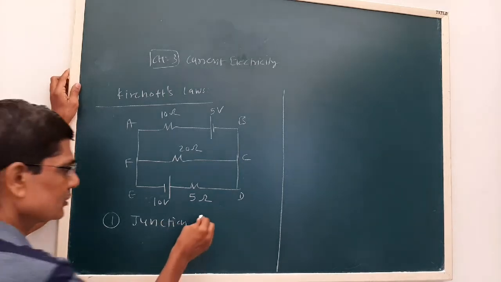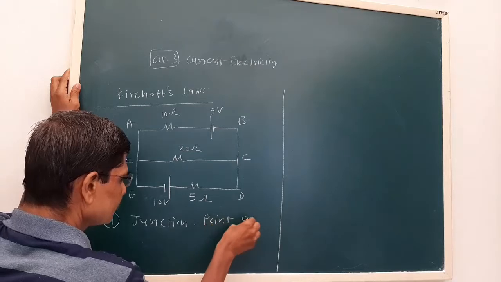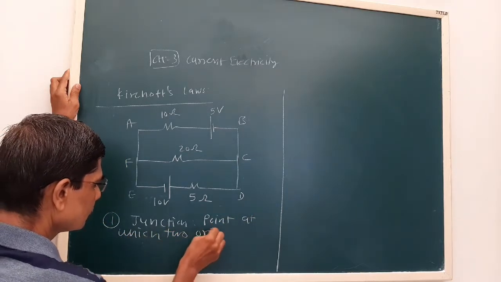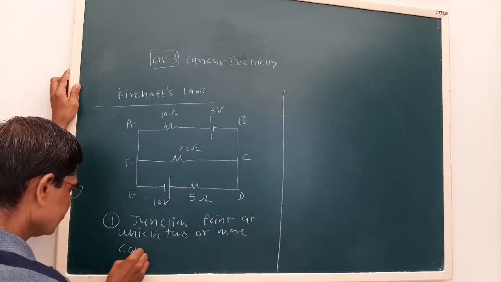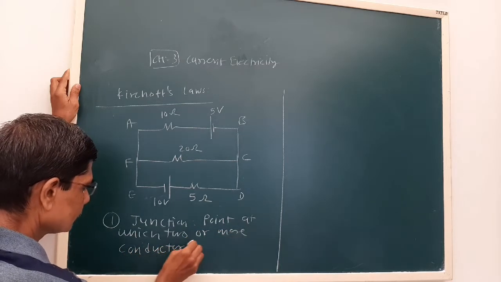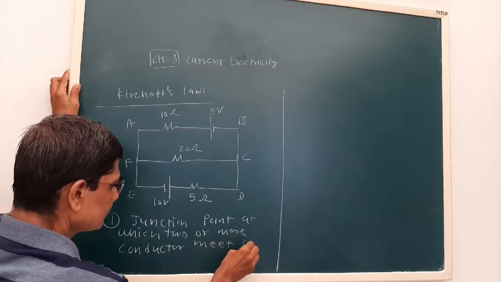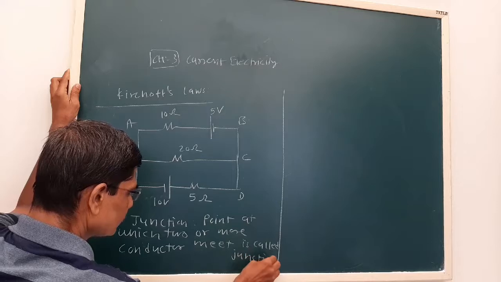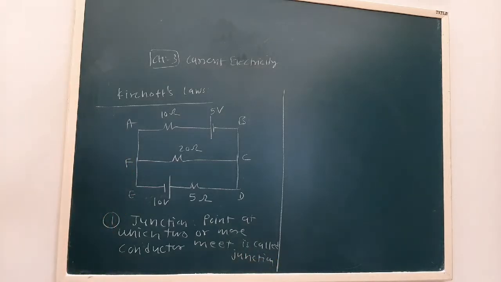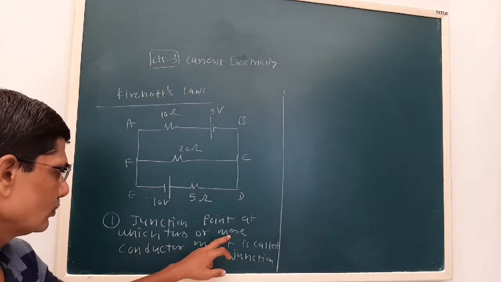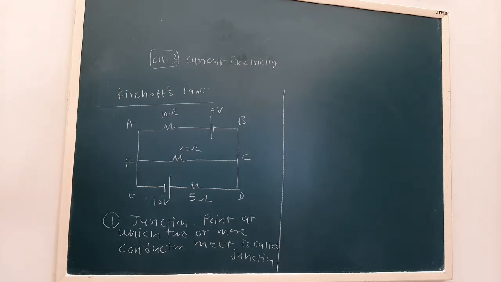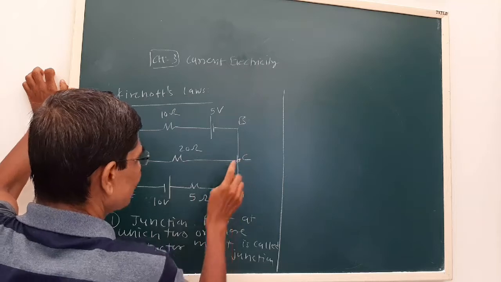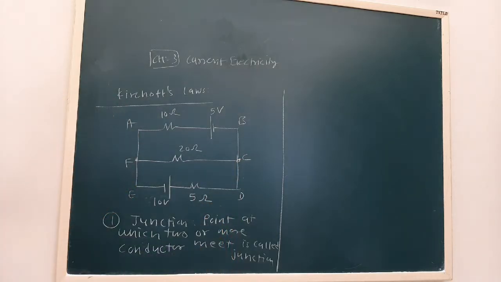A point at which two or more conductors meet is called a junction. In this circuit shown in the figure, C is a junction and F is a junction.